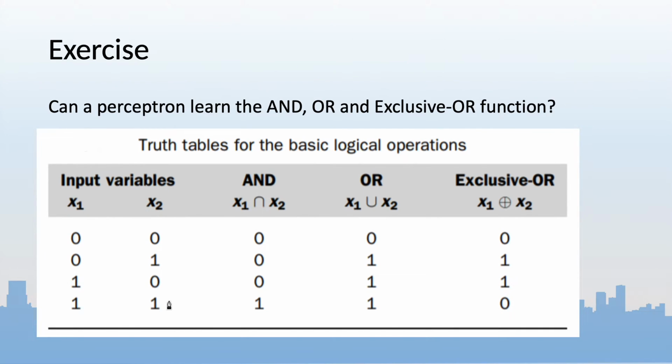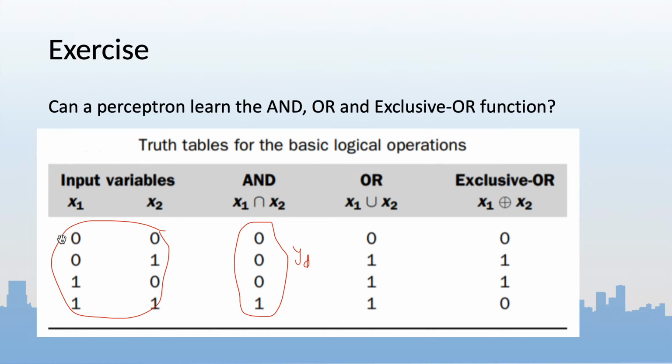This combination of inputs will help in finding the logical operations. This value is actually the y desired. So how we get the y desired for the AND operation is we look at the combination of these inputs.